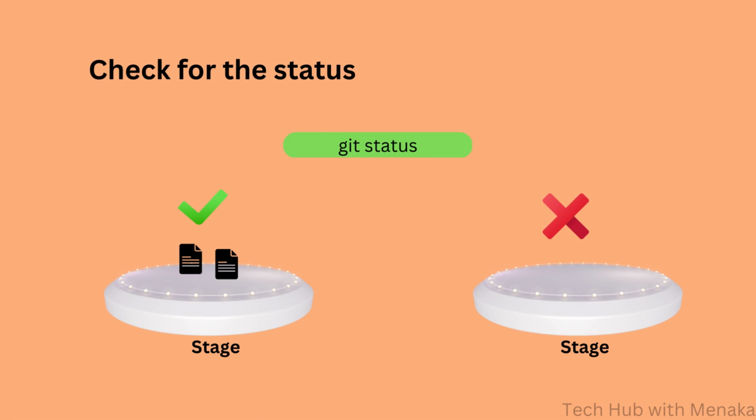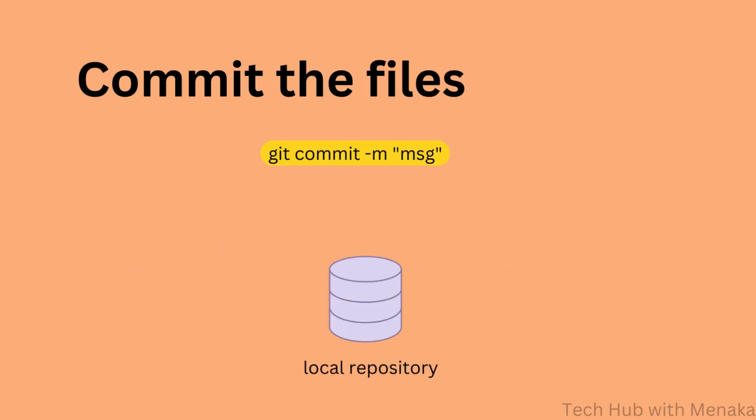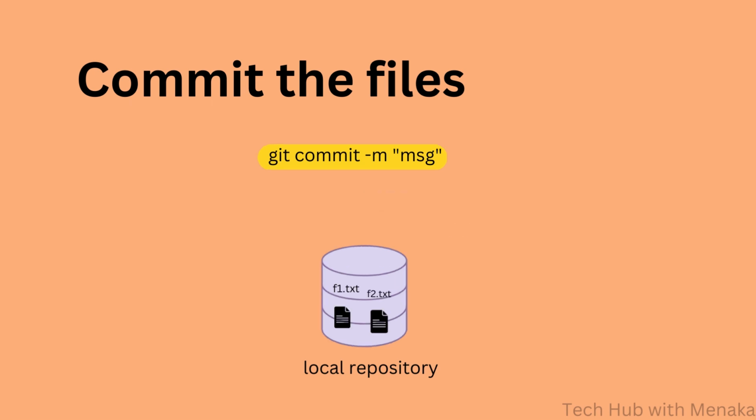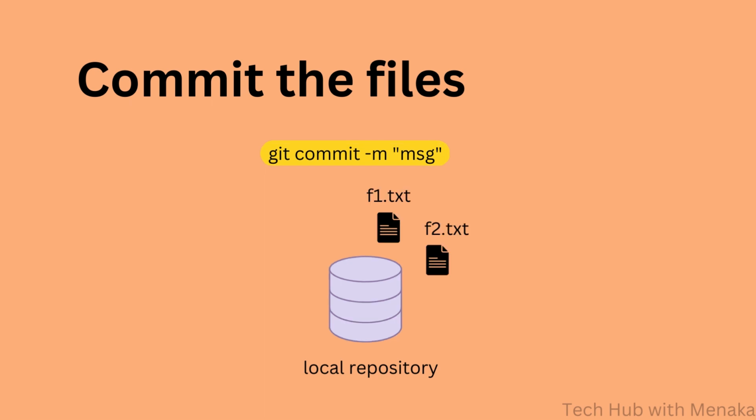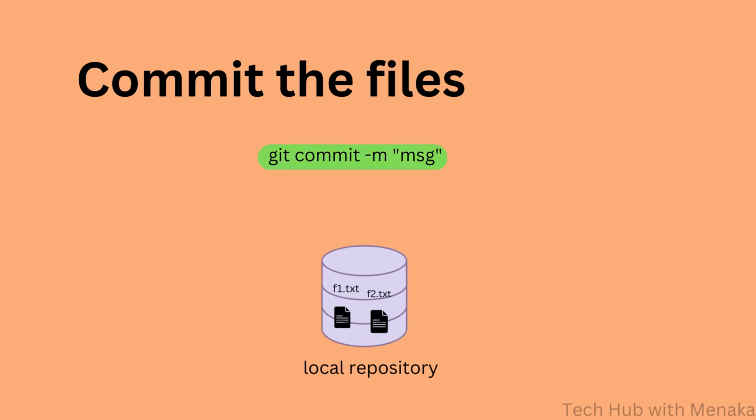Using git status, we come to understand whether the files have been added into the staging area or not. And then we have to use the git commit command in order to store these two files in our local repository, with the -m message option. Initially, these two files are outside our local repository. To keep them inside, use this commit command.